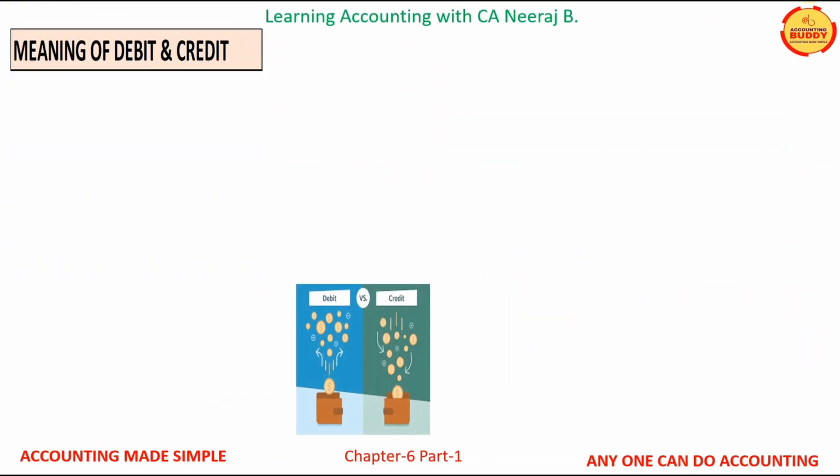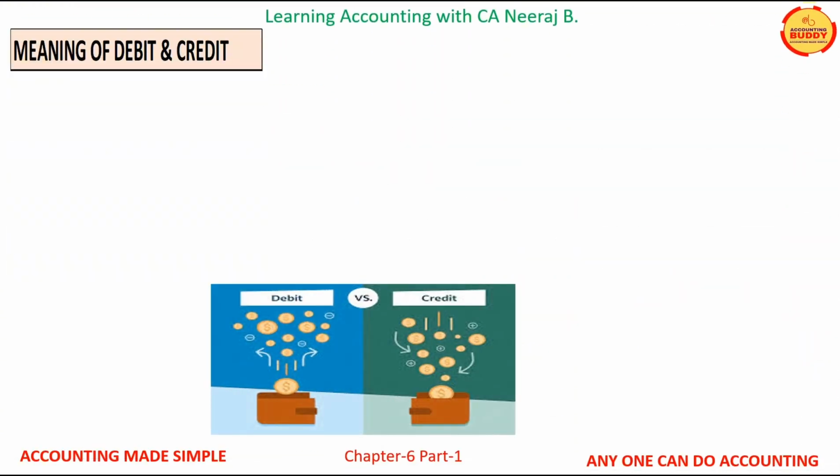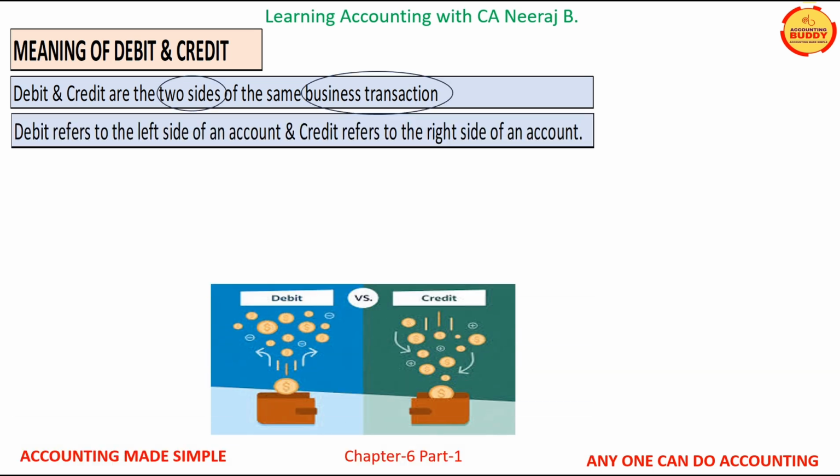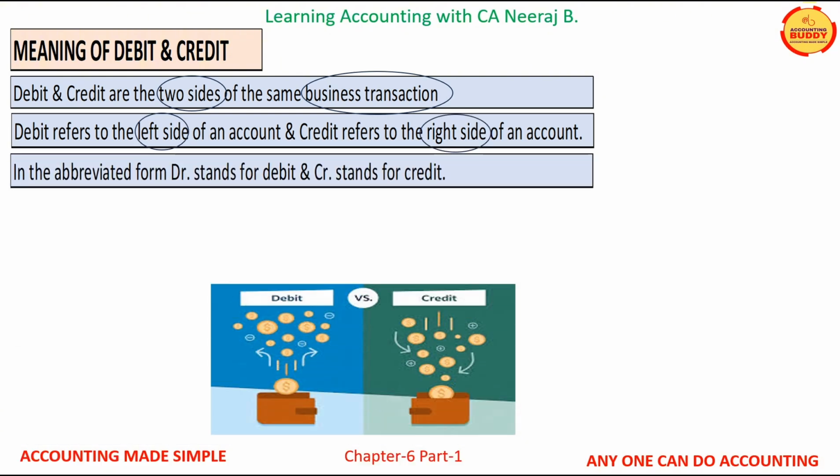Let us understand more about the terms debit and credit. Debit and credit are the two sides of the same business transaction. Debit refers to the left hand side of an account, while credit refers to the right hand side of an account. In the abbreviated form, DR stands for debit and CR stands for credit.